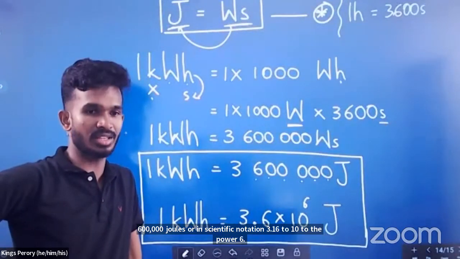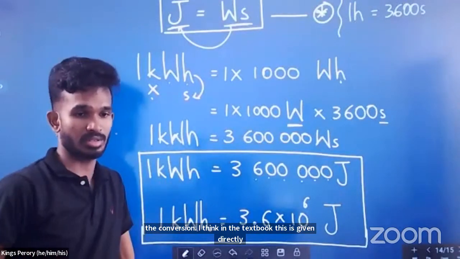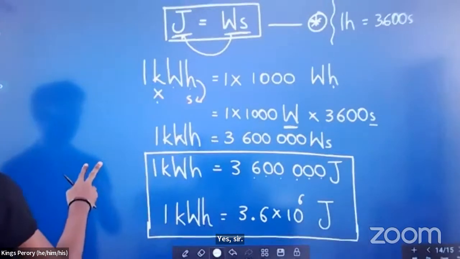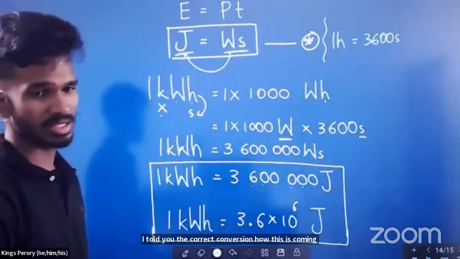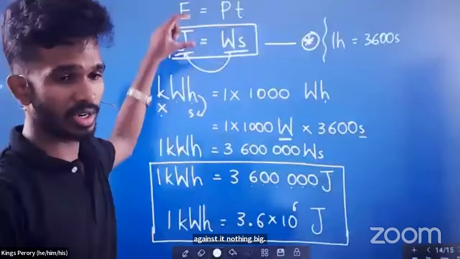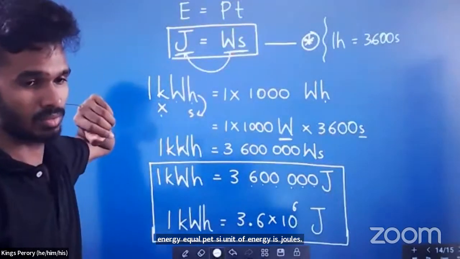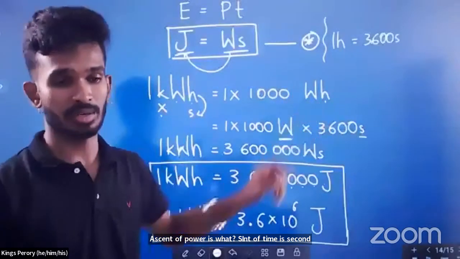Understood the conversion? In the textbook, this is given directly, as if it came from heaven. I told you how this conversion comes, so there is no point memorizing this. Nothing big. Energy equals power times time. The SI unit of energy is joules, the SI unit of power is watt, and the SI unit of time is second. 1 kilowatt hour: first I convert to watt second.